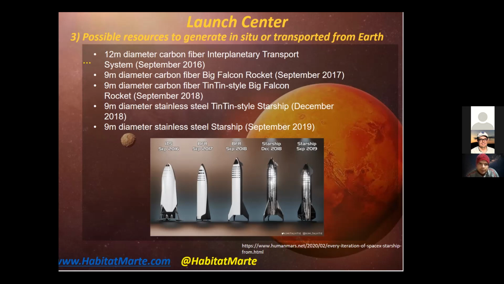And then there was a 9-meter diameter carbon fiber Tintin style Big Falcon Rocket in September 2018. So till September 2018, the third figure was the modification done in the Starship. Coming to the fourth one, it is a 9-meter diameter stainless steel Tintin style Starship till December 2018. And after that, finally the 9-meter diameter stainless steel Starship in September 2019.